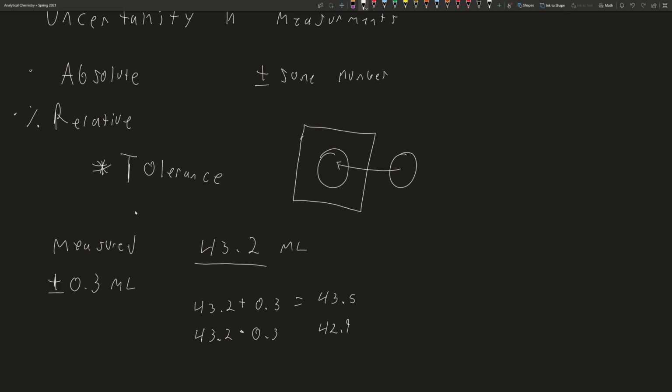So what this plus or minus says is, although we measured this value right here, our actual value exists between 42.9 and 43.5.